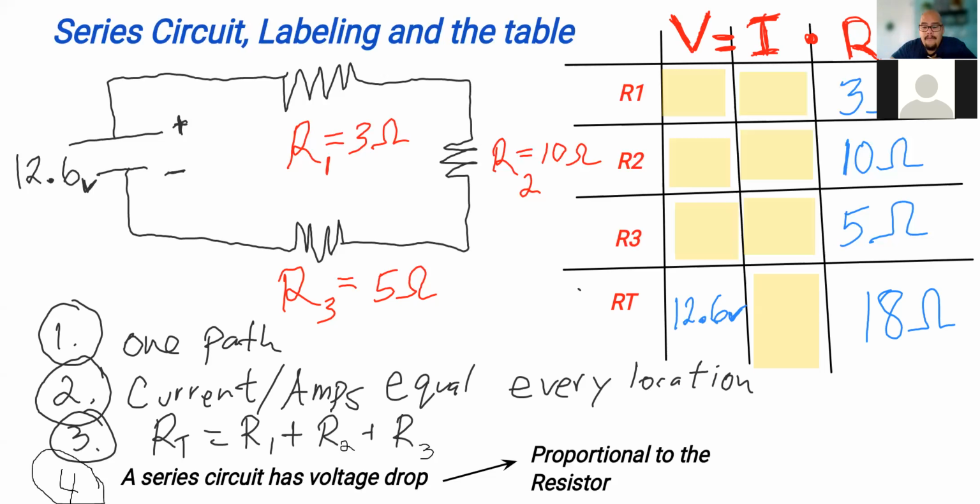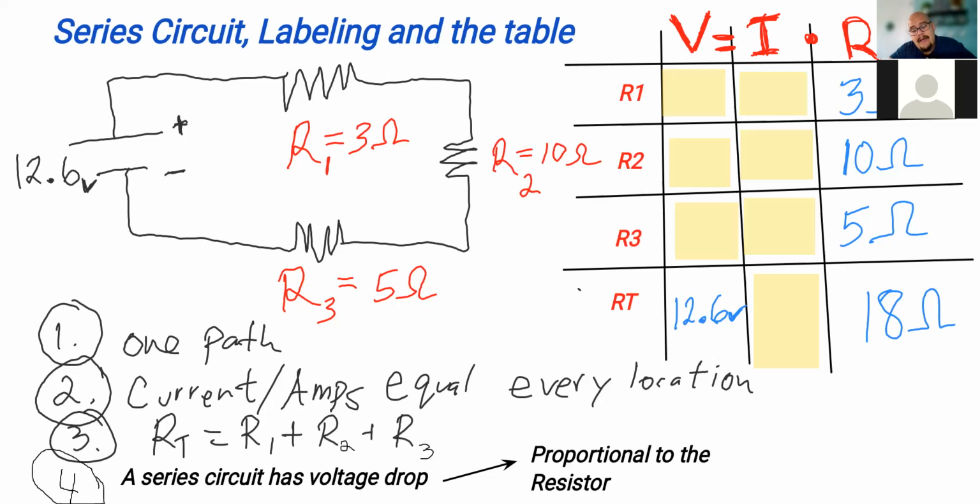In order for you to solve an equation or a formula with 3 variables, you can only have one unknown. Okay, now if I look at the first row, I have 2 unknowns. I don't know what voltage is, I don't know what current is, but I do know resistance. So I'm missing 2 out of the 3 pieces. If I look at row 2, is the same thing.